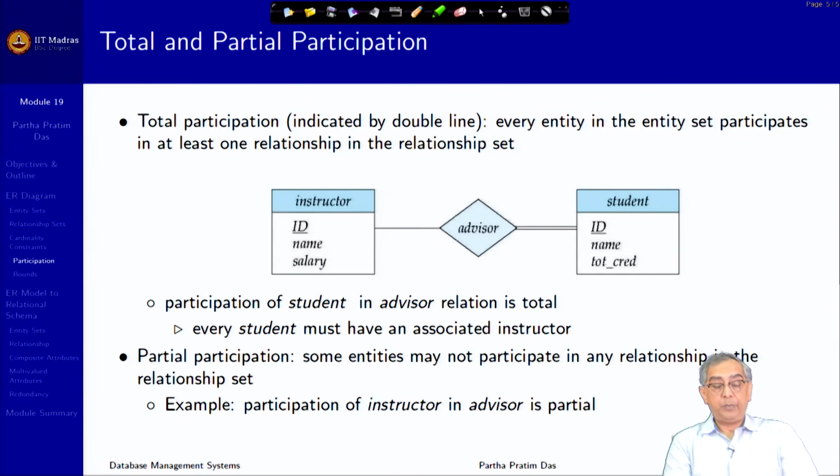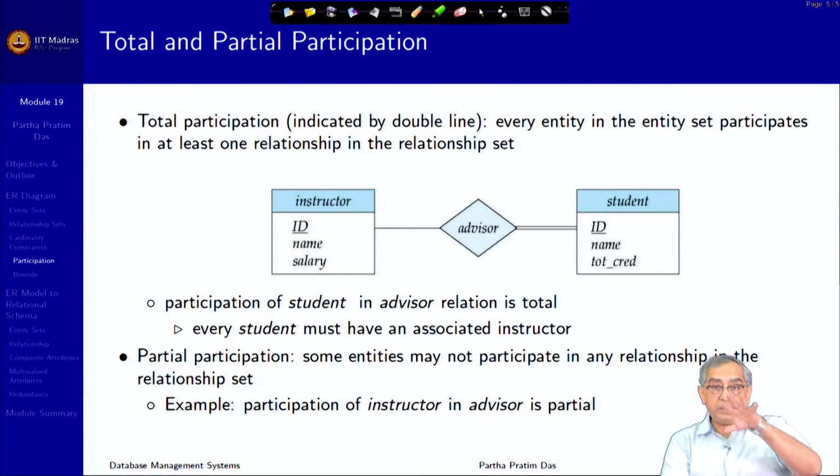Whereas, between the instructor and advisor, there is only one single line, which means that this participation is partial. So, an instructor may or may not feature in an advisor relationship. So, instructor may not have a student, but a student must have an instructor.